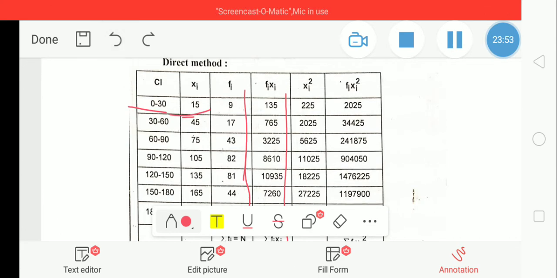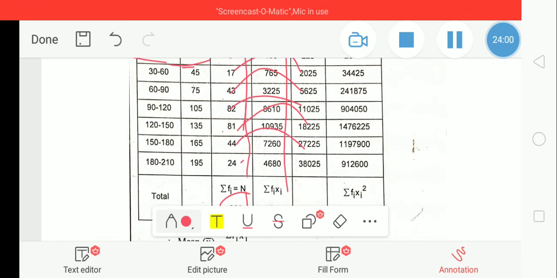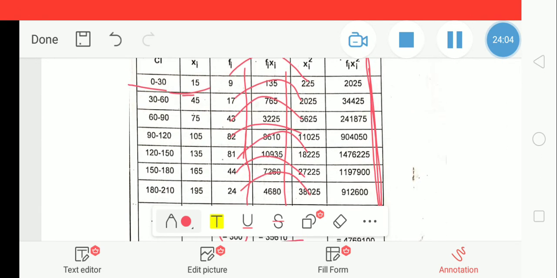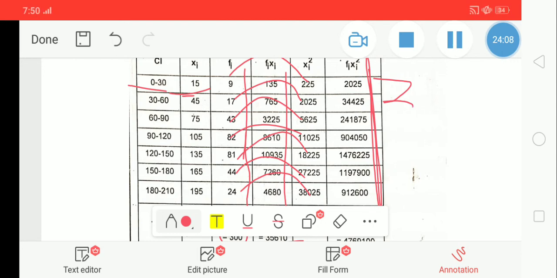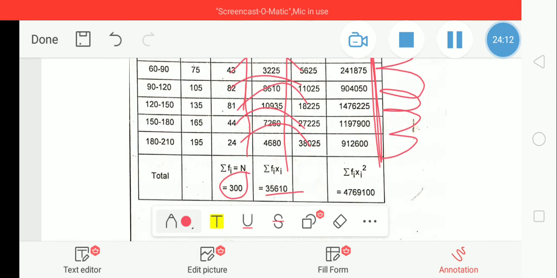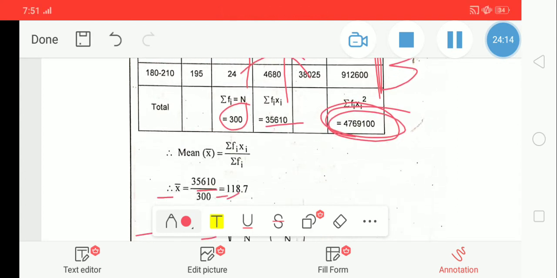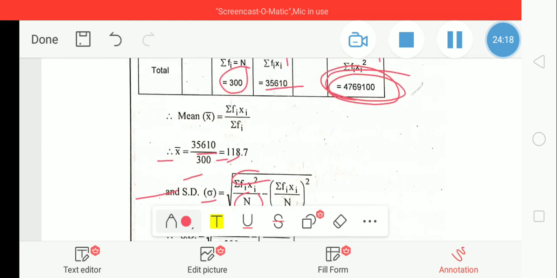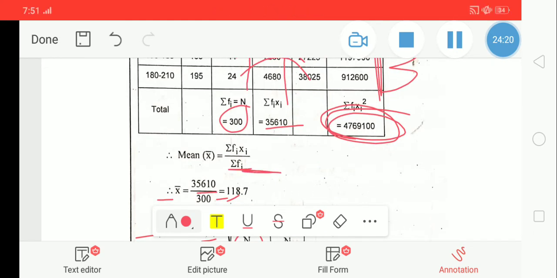So fi multiplied by these, the same, so they give this value, all of these, and the sum of this gives this value. Now put in this formula, where n is the summation of fi, that is 300.